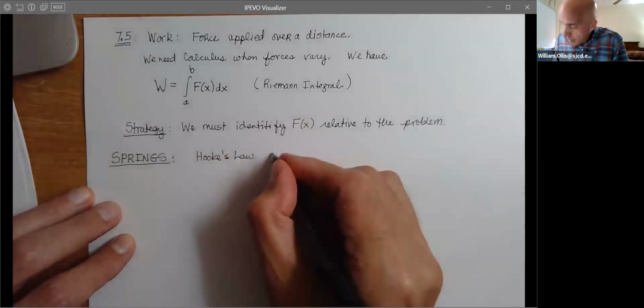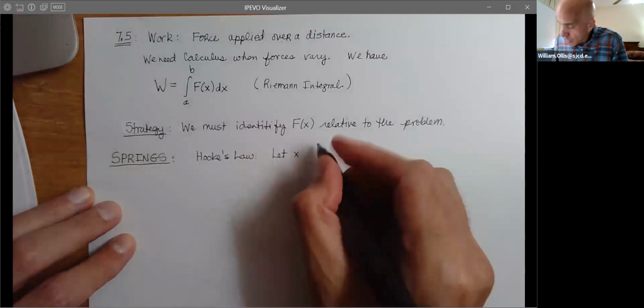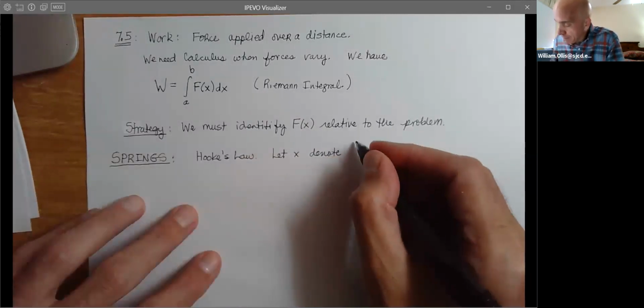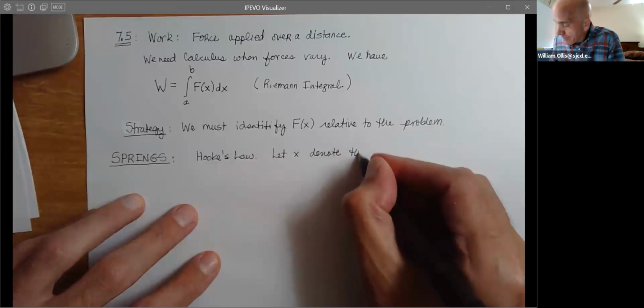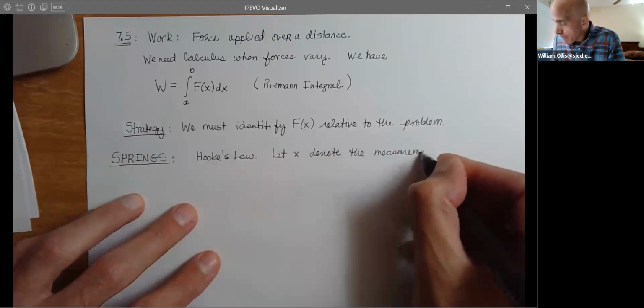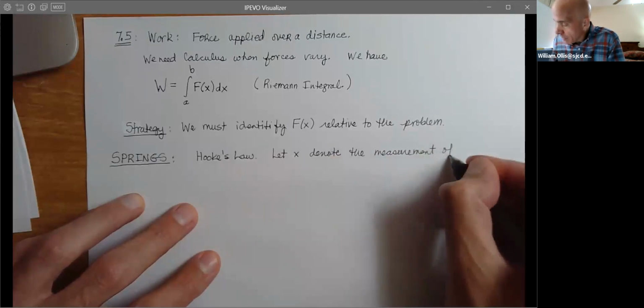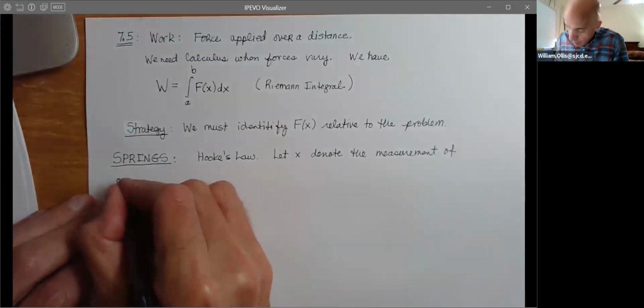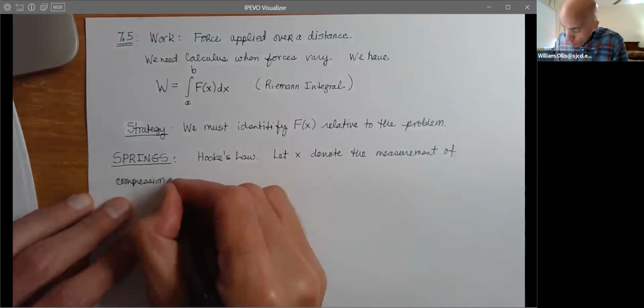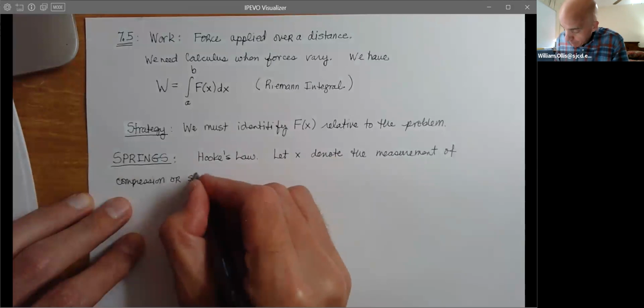So we could say, let x denote the measurement of compression or stretching of a spring.